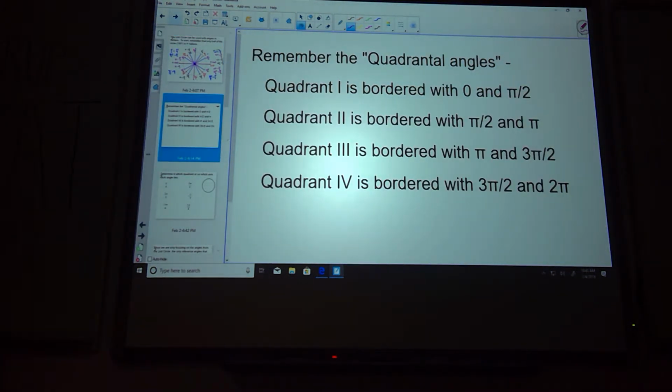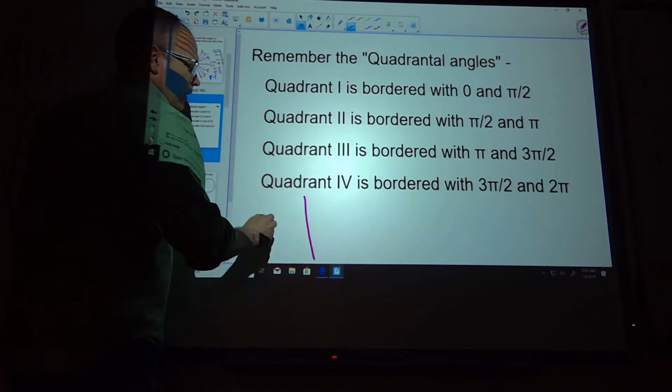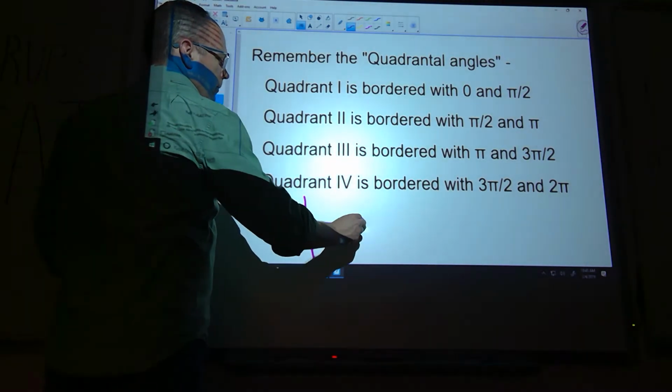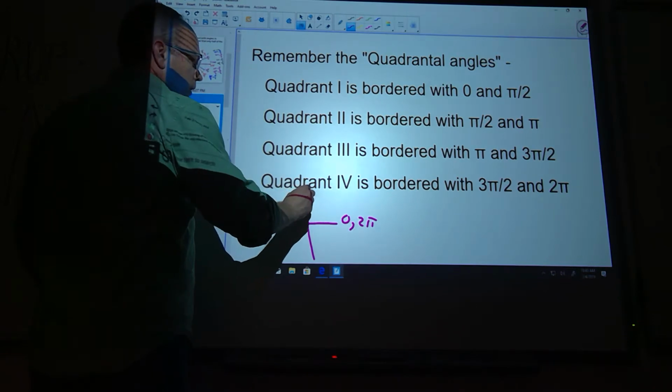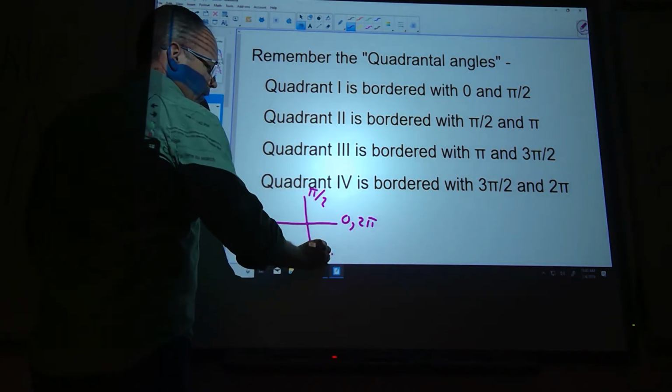All right. So remember quadrantal angles. Quadrant 1 is bordered with 0 and pi halves. Quadrant 2 is bordered with pi halves and pi. Quadrant 3 is bordered... okay, so we already have that all done. So 0 and 2 pi, that's pi, that's pi over 2, and then 3 pi over 2.